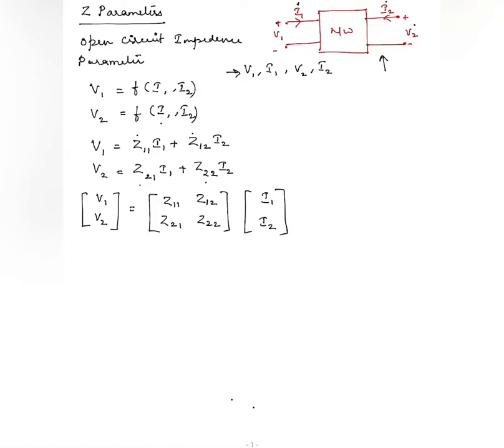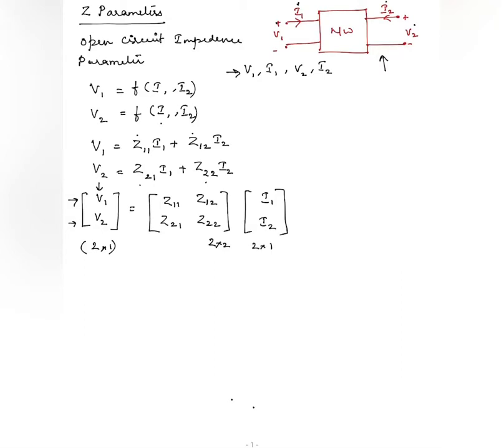As you can see here, this is a 2 by 1 matrix because you have 2 rows and 1 column. This matrix is 2 by 2 because it has 2 rows and 2 columns. This matrix is 2 by 1.